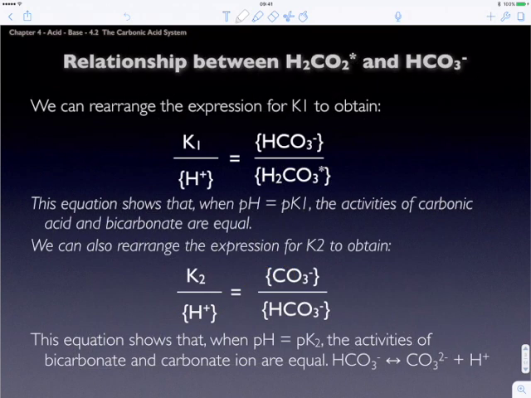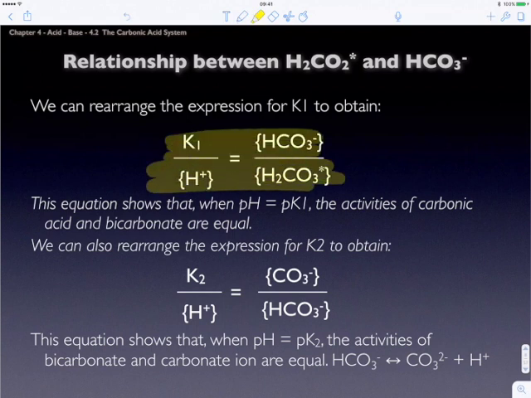This is a summary slide about the relationship between the bicarbonate and the carbonic acid, as well as the bicarbonate and the carbonate. This is a rearrangement of those equations. This is coming from the dissociation constant of carbonic acid in this one, and in this one, the bicarbonate functioning as an acid.